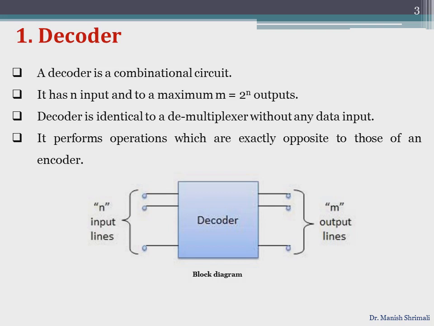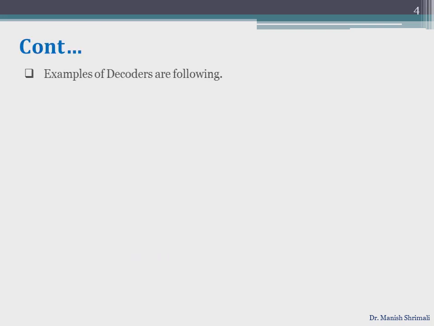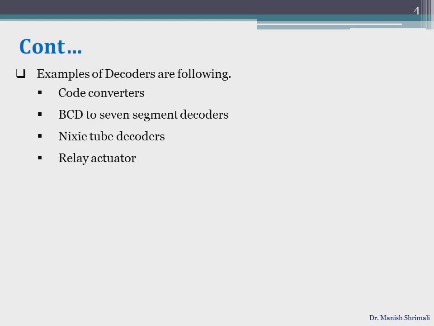This is the block diagram of the decoder, in which you can see that there are n input lines with m equal to 2 raised to n output lines. Next, the various examples of decoders are code converters, BCD to 7 segment decoders, Nixie tube decoders, relay actuator.